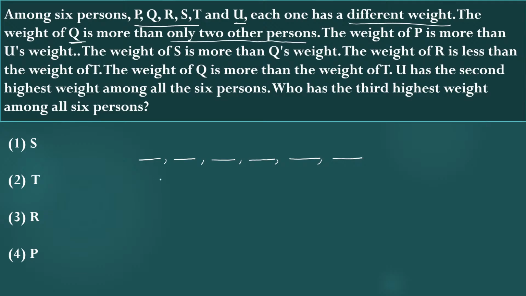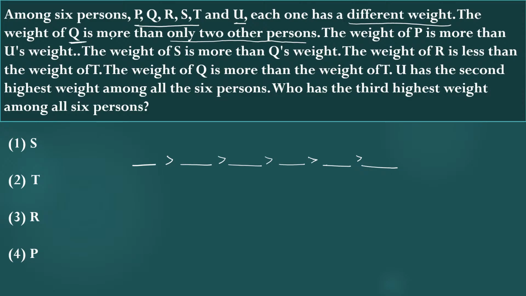I am taking here greater than, because they are giving less than or equal to values. Take it like this: the first person, the different weights, they are all different weights, 1, 2, 3, 4, 5 and 6.